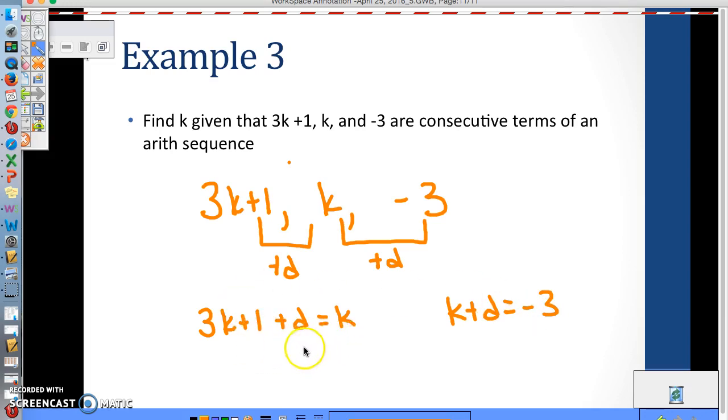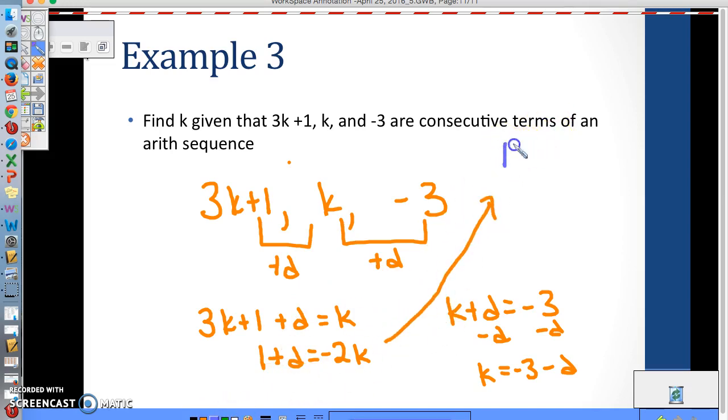Let's see, what if I was to simplify this? 1 plus d equals negative 2k. Well, I could solve for k here, minus d. So k equals negative 3 minus d. So I could plug that in.